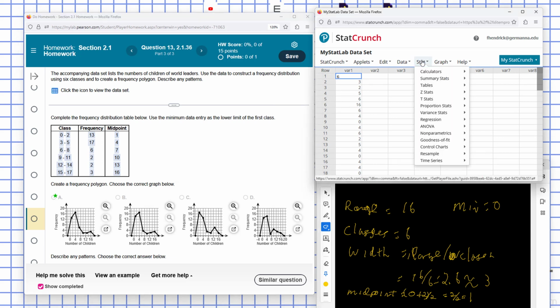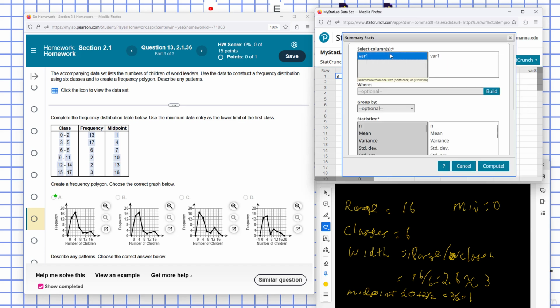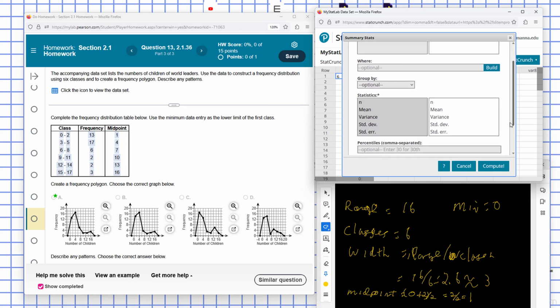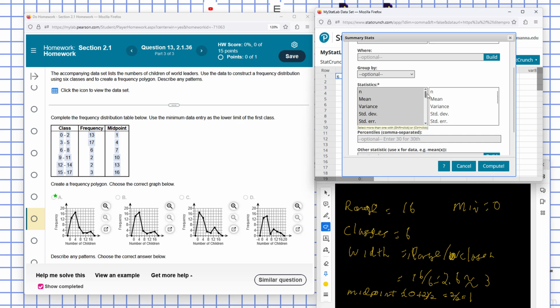So I go to Stat, Summary Stats, and Column. And I want the range and I want the minimum. Here's my range. Here's my minimum.